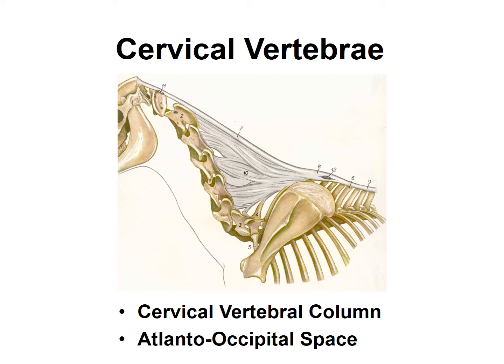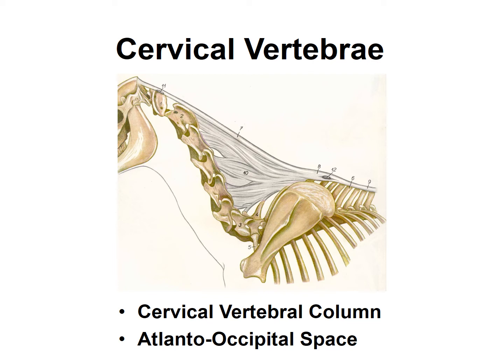We study them because they're part of the vertebral column, so they may have arthritis, and they might have fractures, just like any other bone in the body. In addition, there is a very important landmark that we need to pay attention to, and that is called the atlantooccipital space.